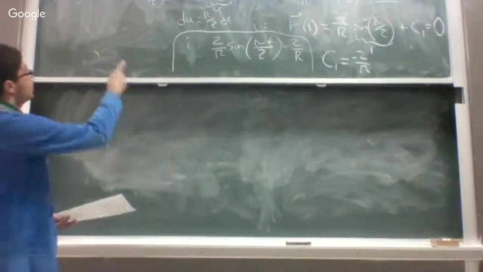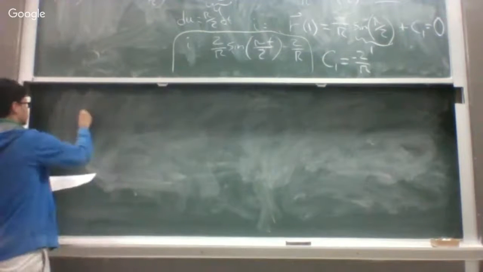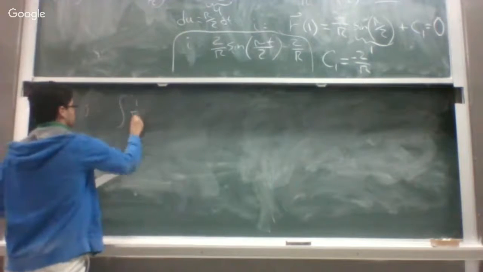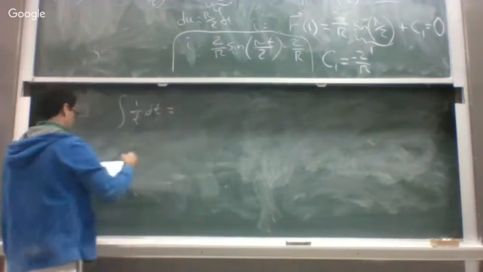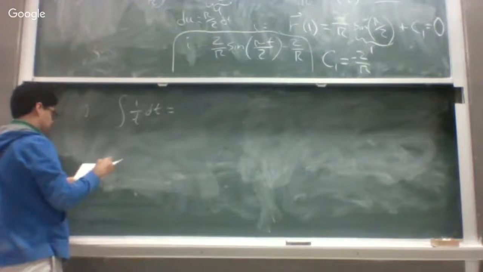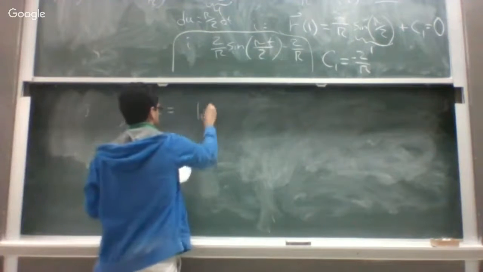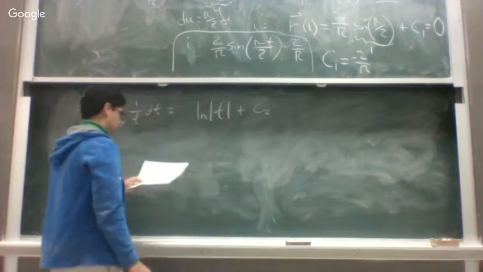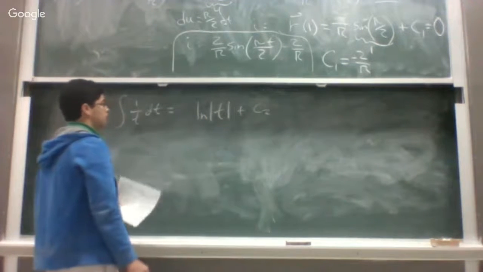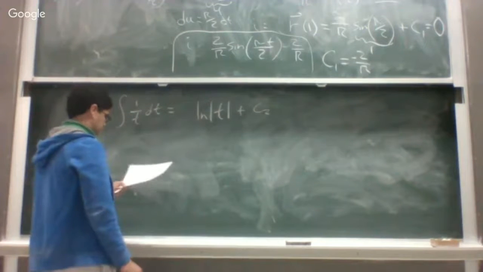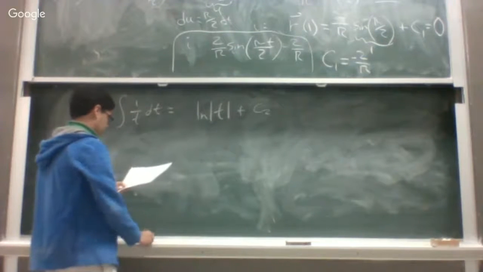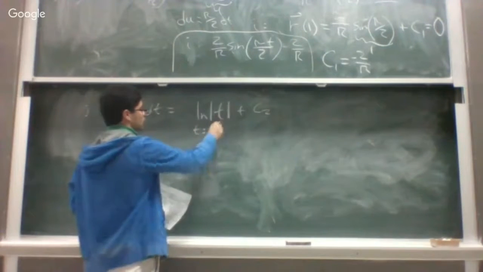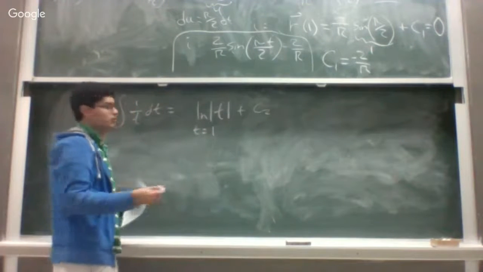Our j component is 1 over t. So what is the integral of 1 over t? Yeah, the natural log of t plus c2. So then when t is equal to 1, natural log of 1 is what? 0.